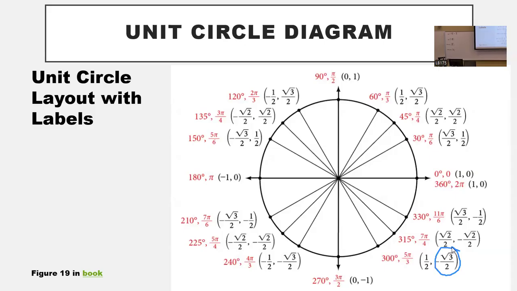So just take 2 pi, subtract 5 pi over 3. Actually, I misspoke. 5 pi over 3 minus 2 pi, we get negative pi over 3. Does that make sense? Think coterminal angles. So 5 pi over 3 minus 2 pi is negative pi over 3. Okay. Any questions about that?